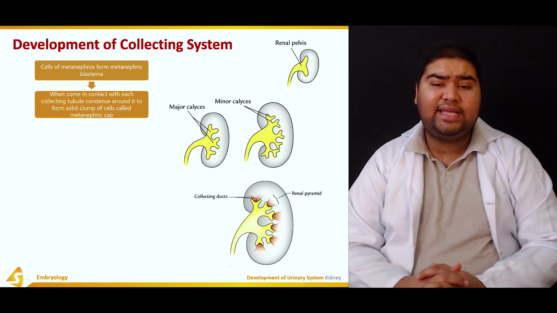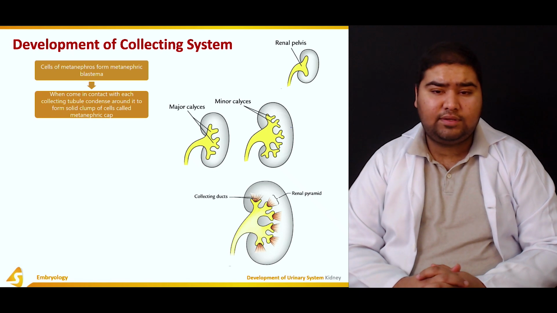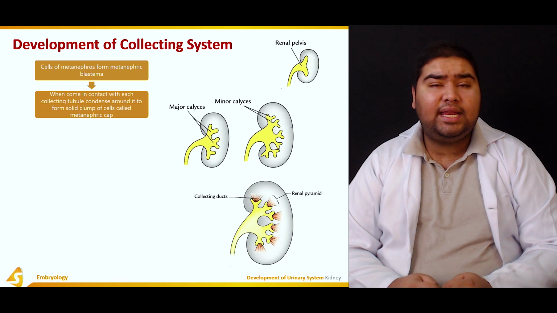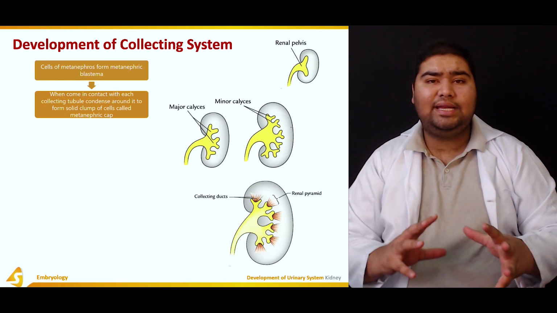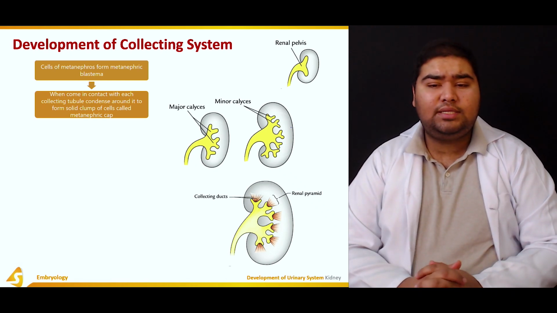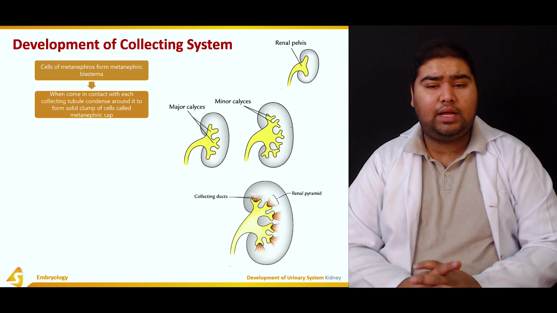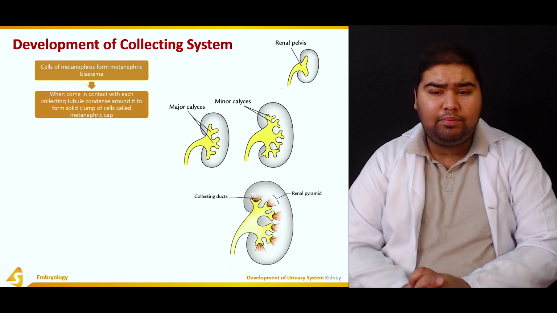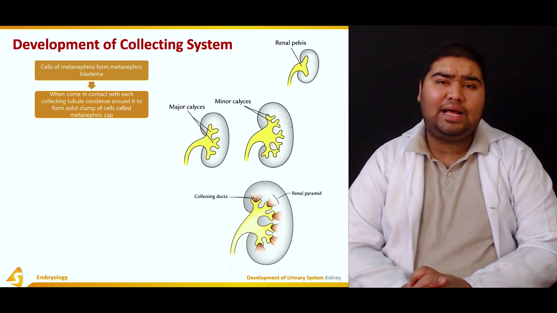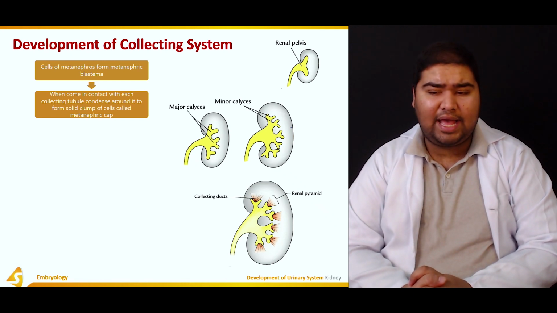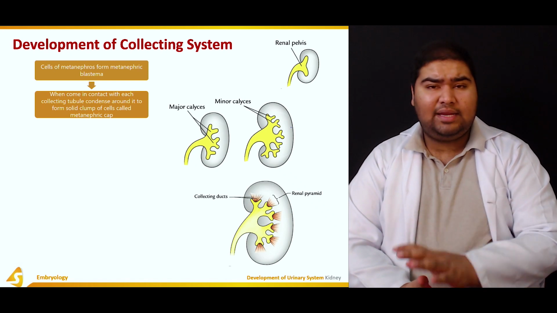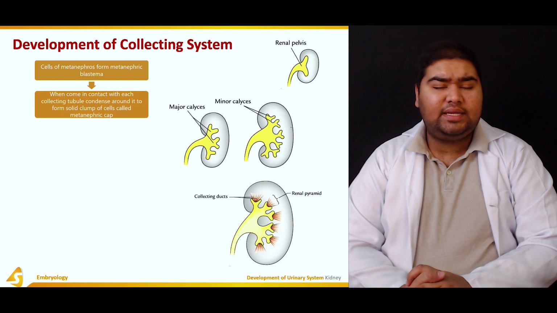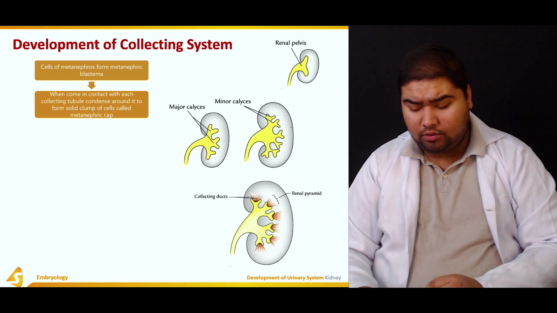It is formed from the cells of the metanephros. Now when they come in contact with each collecting tube, they condense around this collecting tube to form a solid clump of cells, and this is known as the metanephric cap. We'll see that in the figure ahead as well. So this metanephric cap is formed.